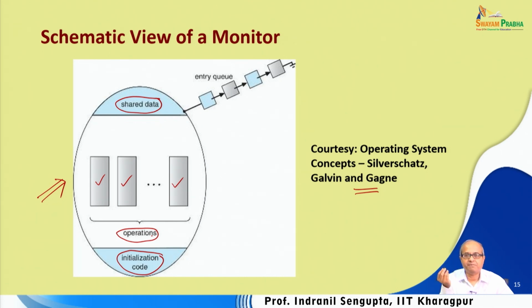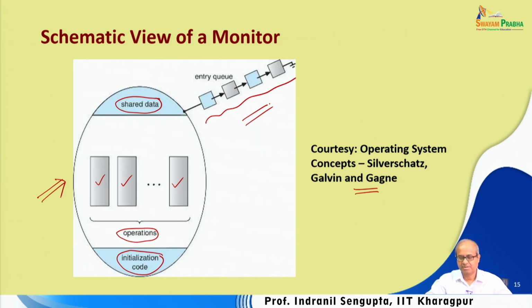Now, whenever some processes are trying to invoke some of the procedures or functions inside the monitor, as I said, one of them will be in the active state and all others will be in the waiting queue. This monitor implementation ensures that the function execution by the processes will be automatically synchronized and mutual exclusion will be ensured.